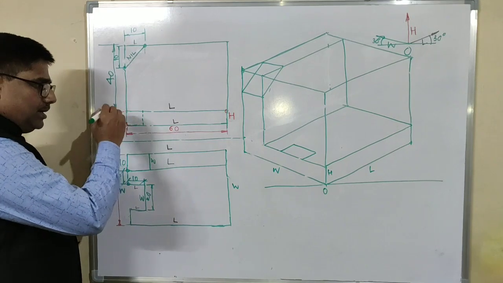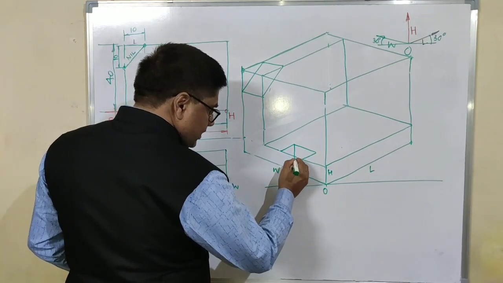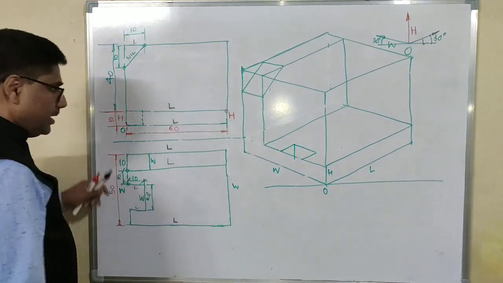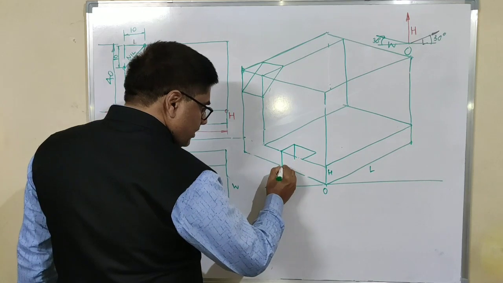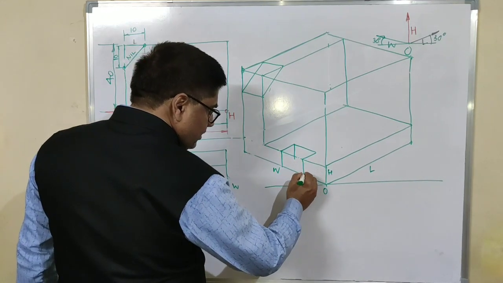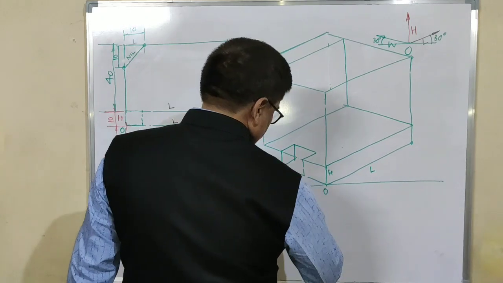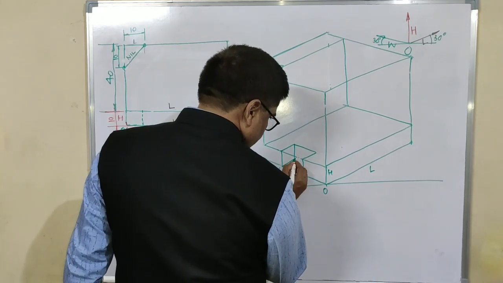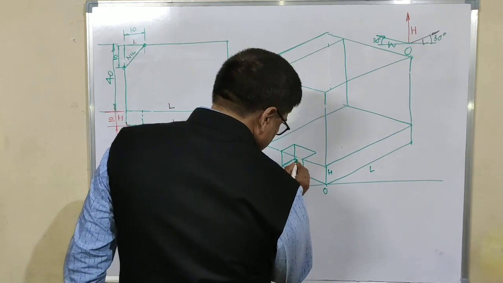Now this hidden line, it will be here, the dimension of which is 10 mm. There will be a line here, here, parallel to length and parallel to width.